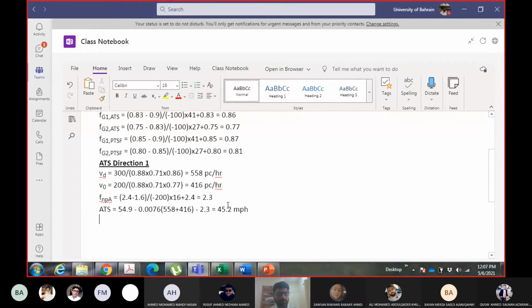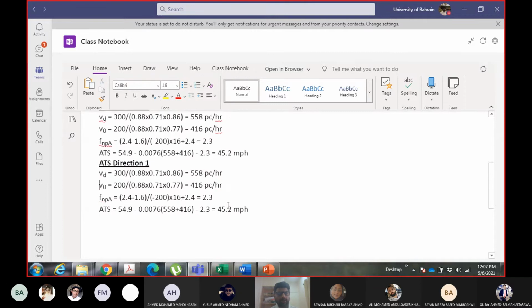So this is for direction 1. Same thing will be done for direction 2 as well. Only these numbers would reverse, because one direction is the other direction.